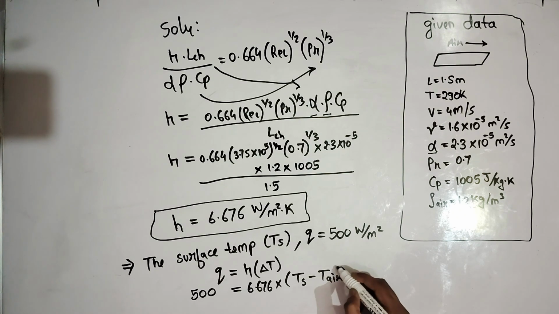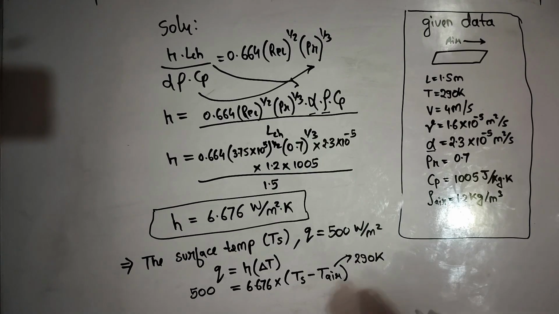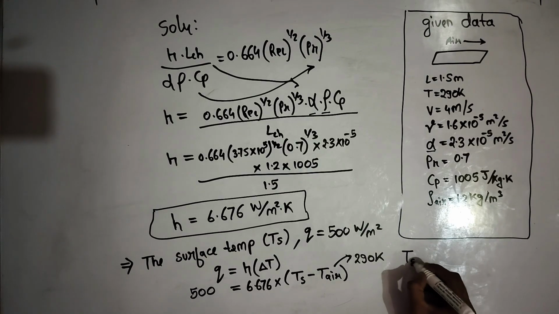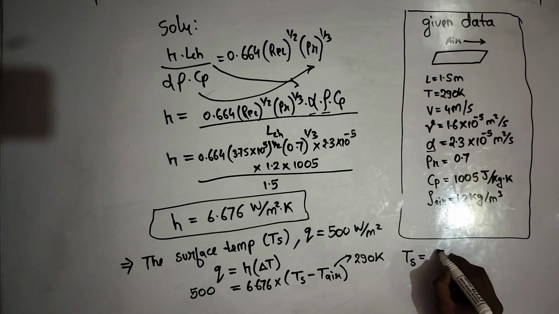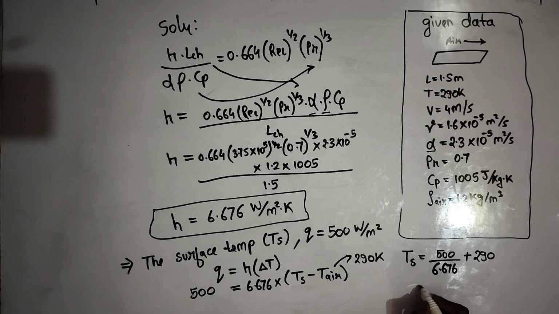The air temperature is given as 290 Kelvin. Now we will substitute the values here. Ts equals 500 by 6.676 plus T air, which is 290 Kelvin.